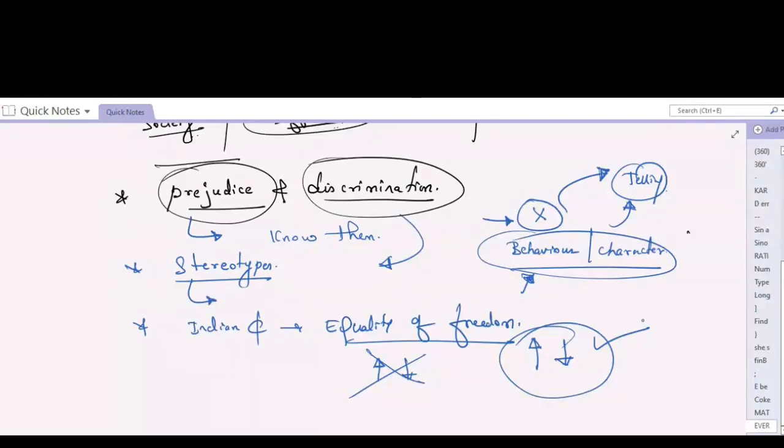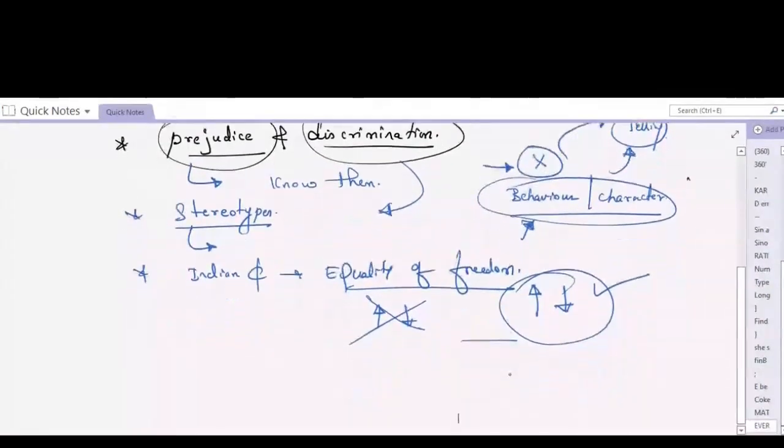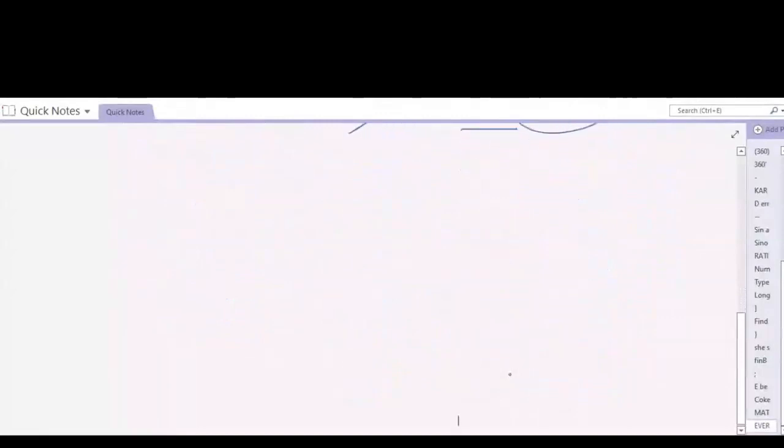Discrimination still exists even today, as it is so deep rooted in the traditions of Indian society. In our India, we have different cultures and different societies, right? So it is so deep rooted in our Indian society.